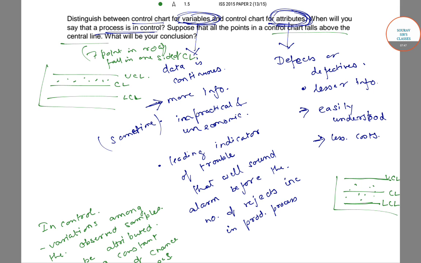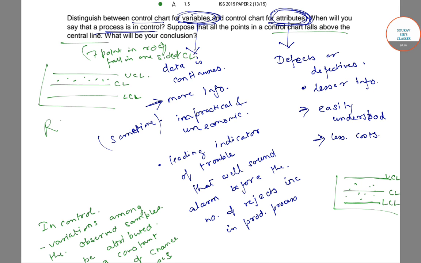And in case of a run, the process is generally, though not necessarily, considered as out of control.